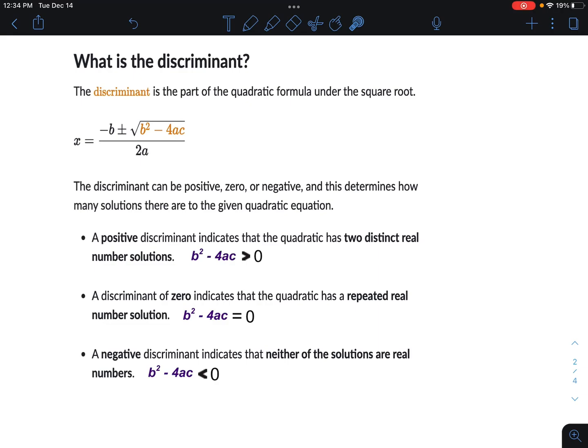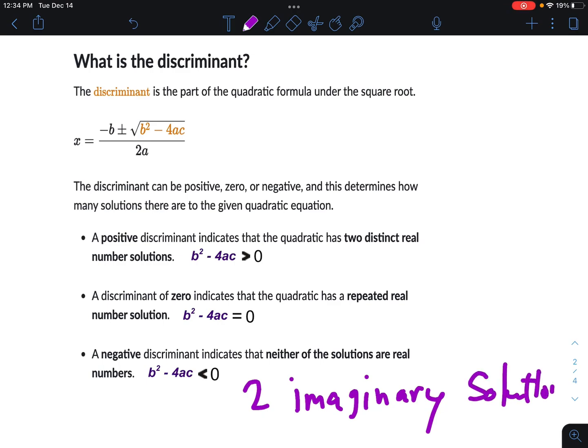If it's negative, then we have no real solutions, or we have 2 imaginary solutions. Okay, so if the discriminant's negative, we have 0 real solutions, but we'll have 2 non-real or 2 imaginary solutions.